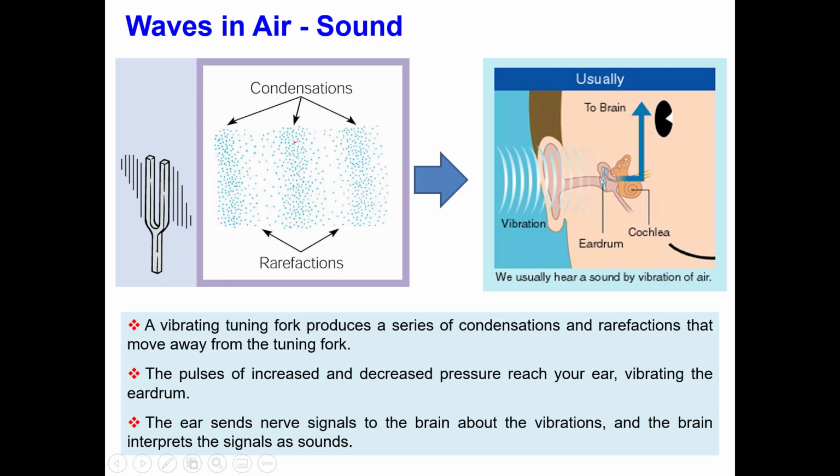Then these vibrations reach the eardrum, and the eardrum sends nerve signals to the brain. The brain can interpret this signal as a sound. This is the general picture of how we can hear any sound.